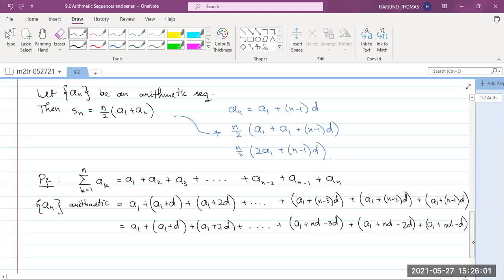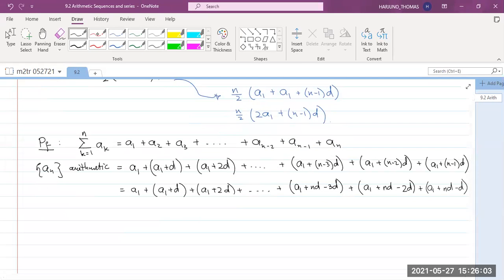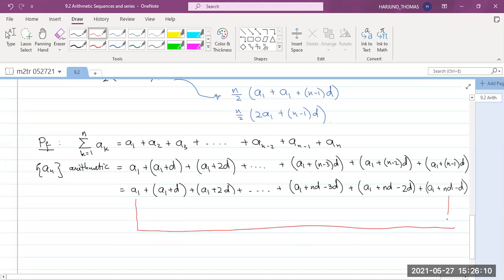Now, what I need you to see is the following. Notice that the sum of the first term and the last term, that is twice the first term plus nd minus d. Okay, notice that that's basically just the first term plus the last term, right?